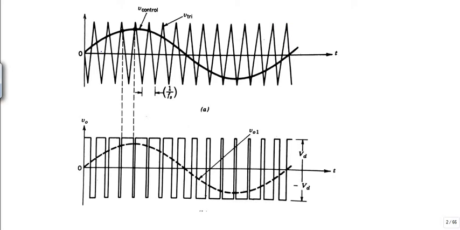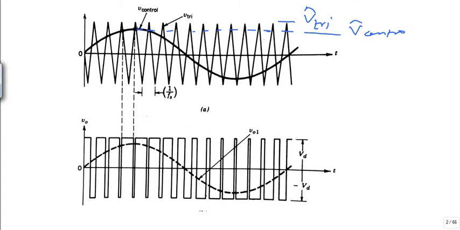Now my question is how the switching signals for this inverter are created. For this, I have already said that we take the control signal as a sine signal and the carrier signal as a triangular wave. Here the amplitude of this triangular wave is V TRI, and the amplitude of this control signal is V control.